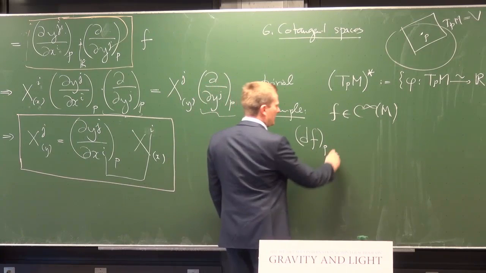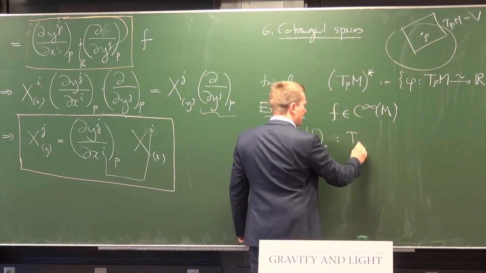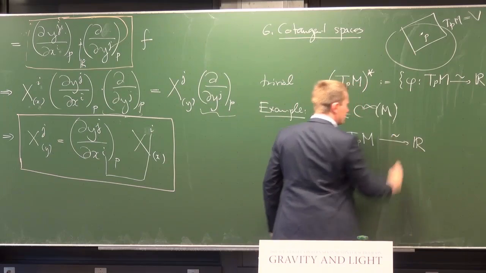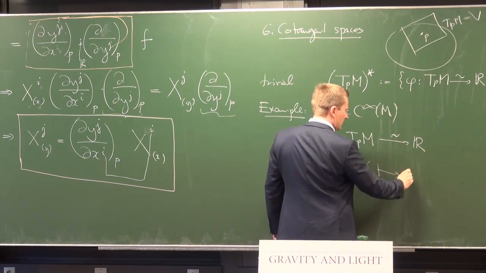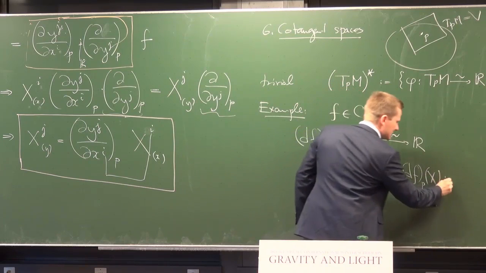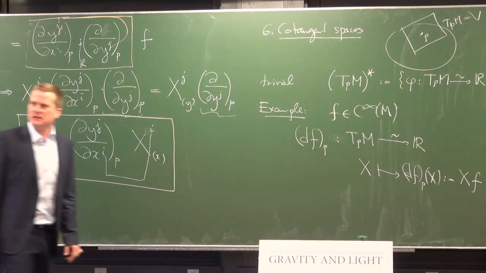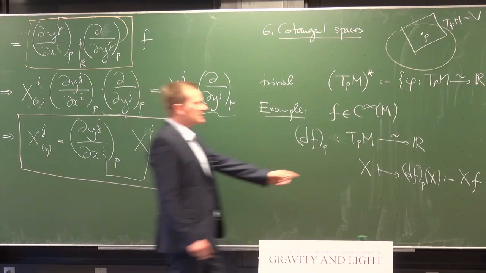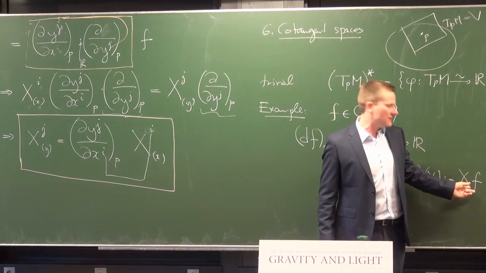So we take a point p and you define this as the map that takes a tangent vector at p and maps it linearly to the real numbers by virtue of sending the vector to df_p of the vector, and this is defined as simply the action of the tangent vector at that point on the function.